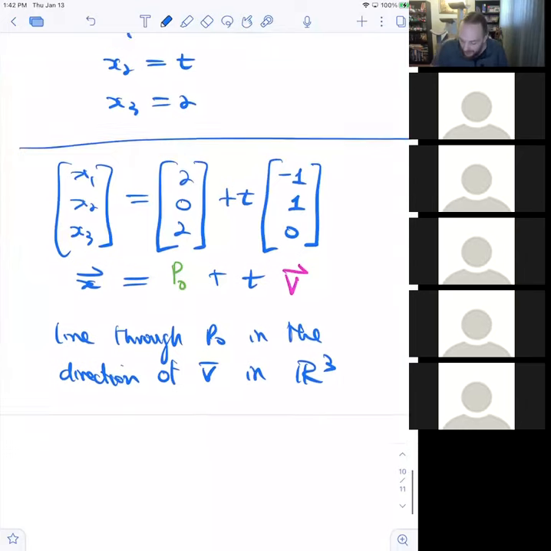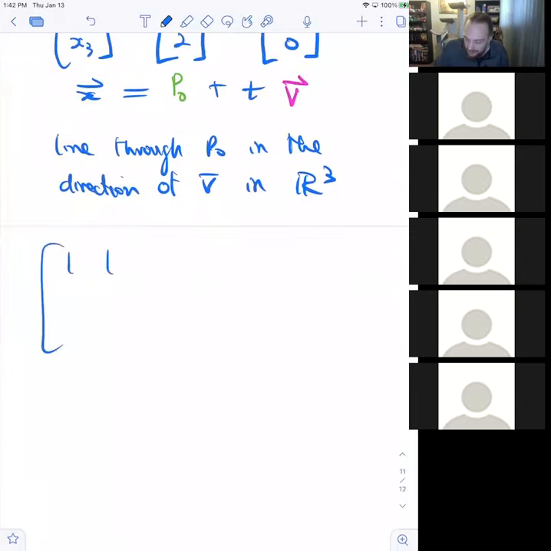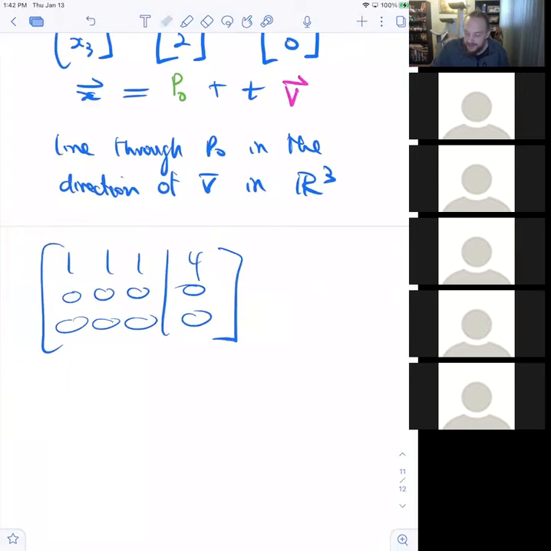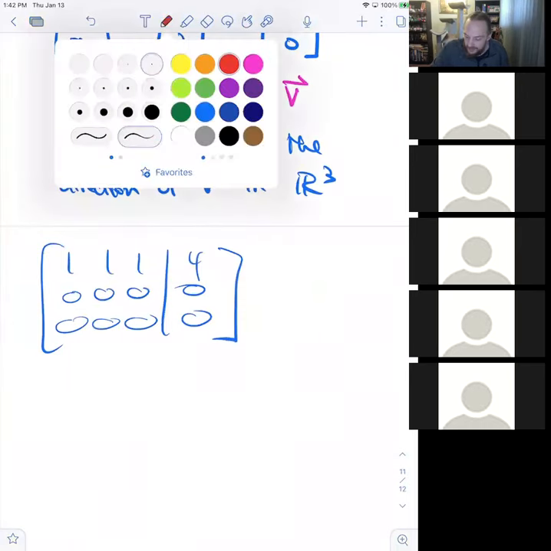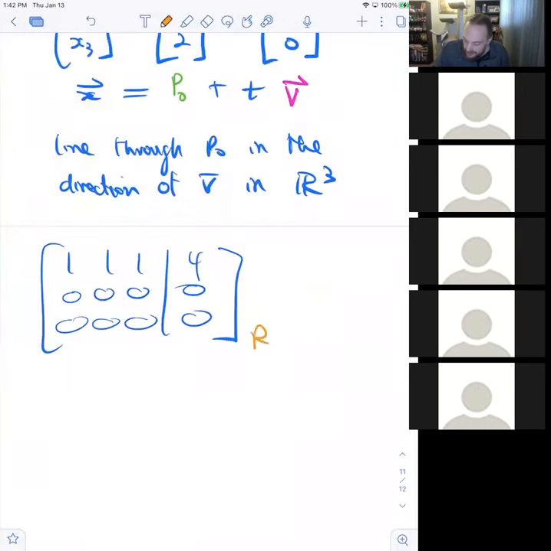If you had 2 rows of zeros, now what? Is this reduced row echelon form? Yes, but this is REF, which is close enough.